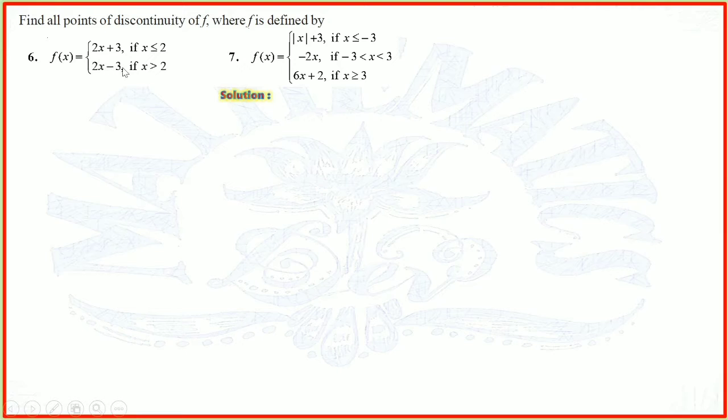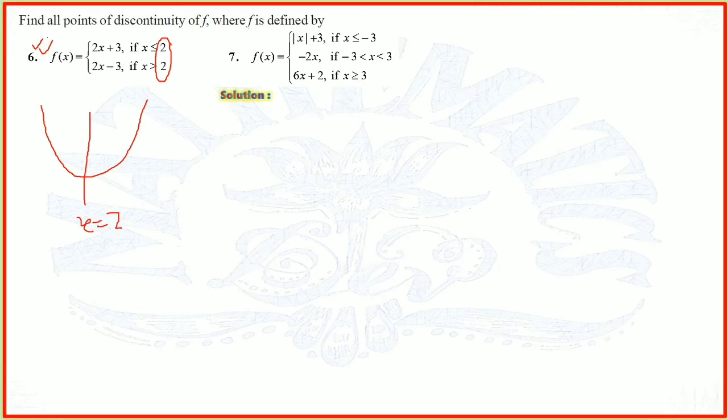This question number 6 I'm not going to solve as easily as the previous question. Here is the turning point; this is a second type of question, the sixth one. As I told you, here is the loop, 2 loops, and this point x is equal to 2 will be here.